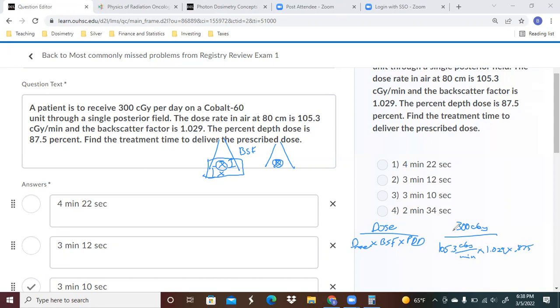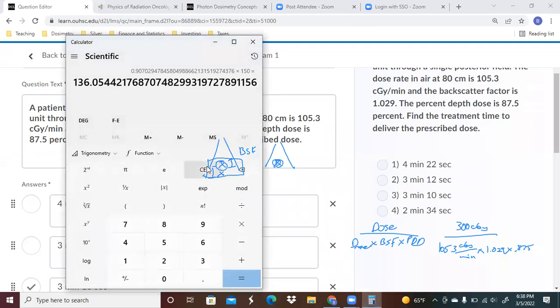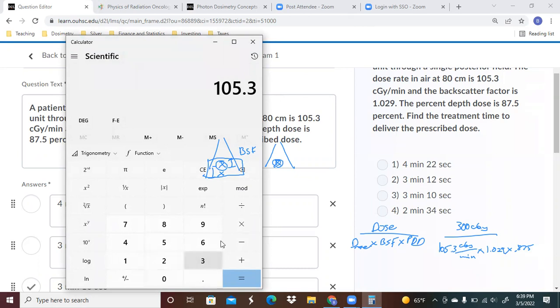When we multiply all of that out, what do we come up with? Let's clear everything out. I'm going to come up with the number at the bottom first: 105.3 multiplied by 1.029 multiplied by 0.875.